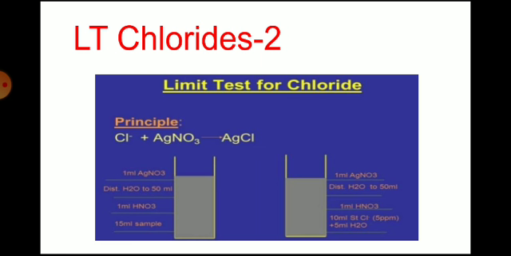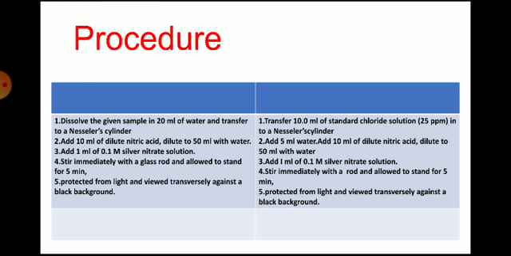For the procedure of the limit test, we have to take two Nessler cylinders. They are labeled as test and standard. In the test, we add the sample in 25 ml of water to the Nessler cylinder. On the other hand, we use a standard solution of chloride of 25 parts per million in the other Nessler cylinder.